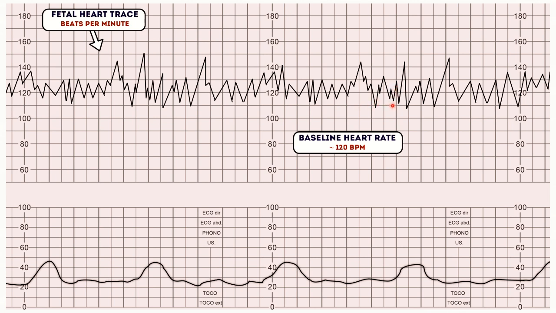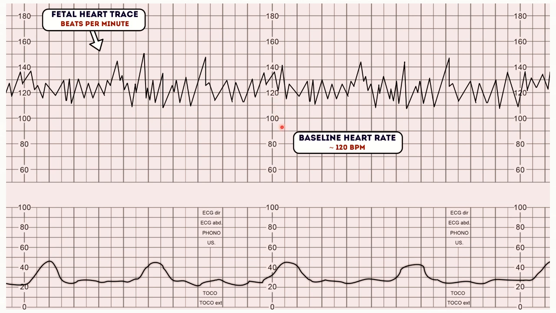So from this line to this line, we need to take the average fetal heart rate excluding the acceleration. Between this line and this line, there are two accelerations, one this and the second one this. After excluding these two accelerations, the rest of the FHR, majority of it lies at the level of 120.